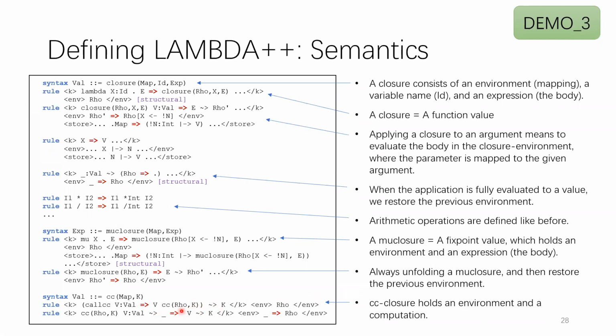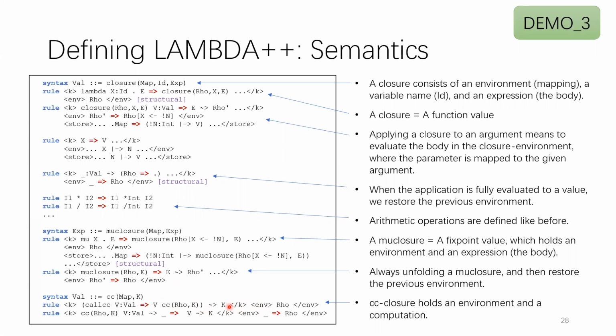So this is like taking a snapshot of the current continuation in this closure, and we apply the value v on that closure. And note that we also leave the current computation K here and we don't touch it. So if the callcc doesn't trigger the continuation, we'll finish the evaluation and come back to K, which is the original computation, and keep going, right?